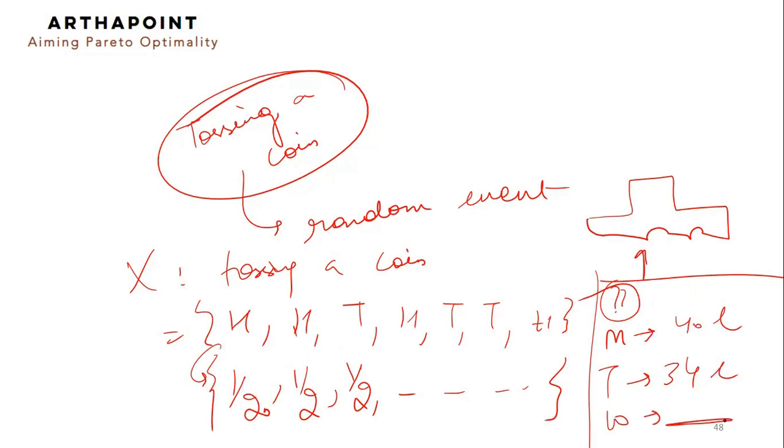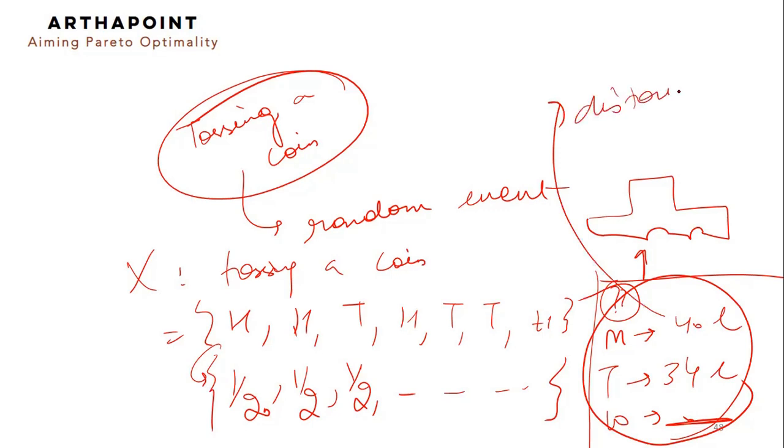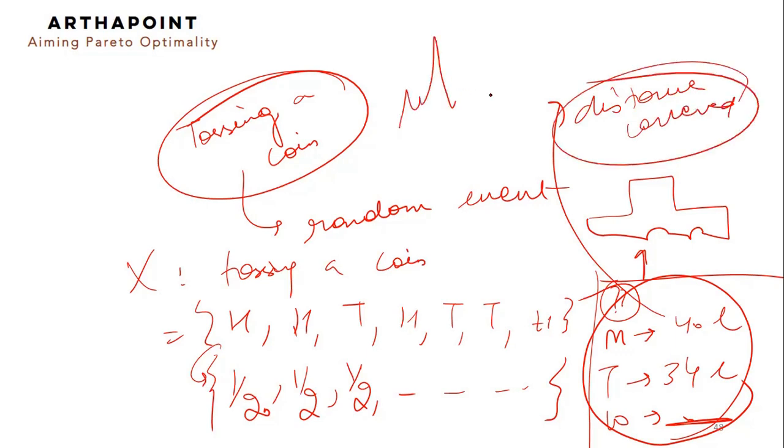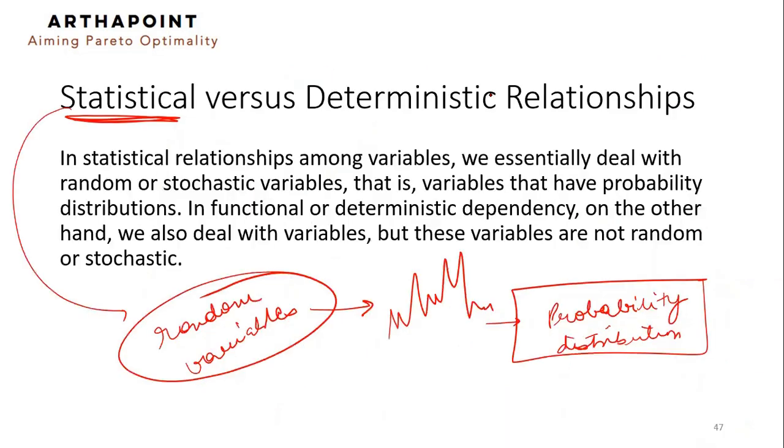On Wednesday, petrol left is something else. How much petrol would be left depends on the distance I covered. So it is going to follow a random path depending on what distance I covered on a particular day. So statistical relationships basically deal with random variables.